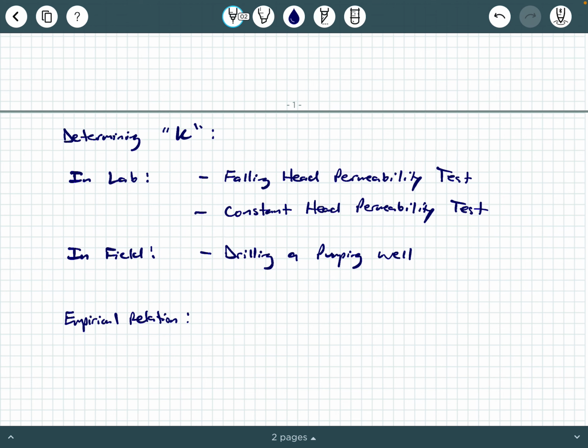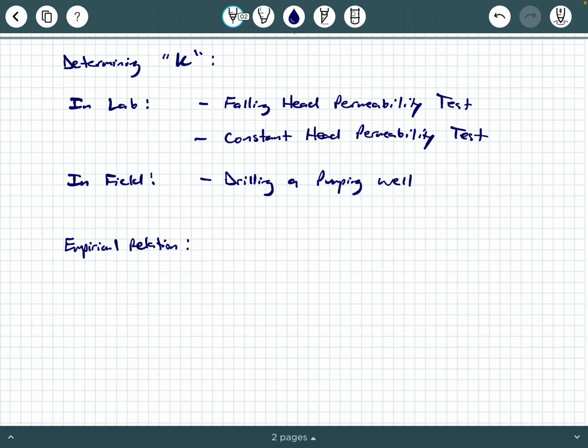There are several different empirical relationships, but one in particular that's still widely used today is by Hazen from 1911. He did this for clean sands, usually of fairly uniform gradation. What Hazen came up with empirically is that the hydraulic conductivity in centimeters per second for these kinds of sands is equal to a value called little c times the effective grain size squared.